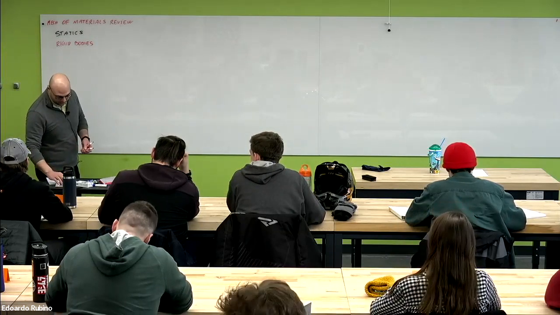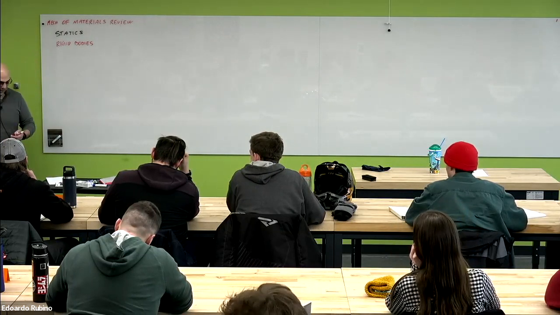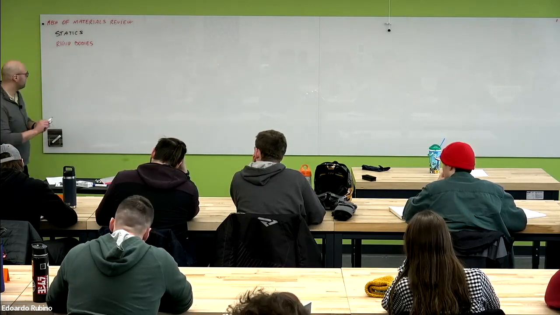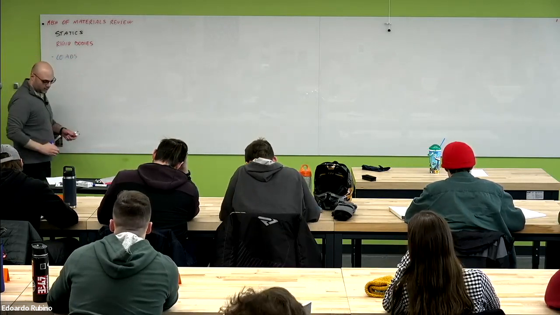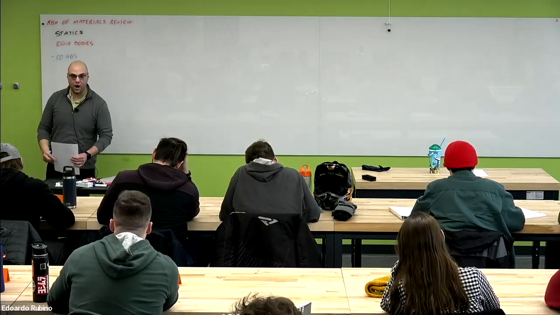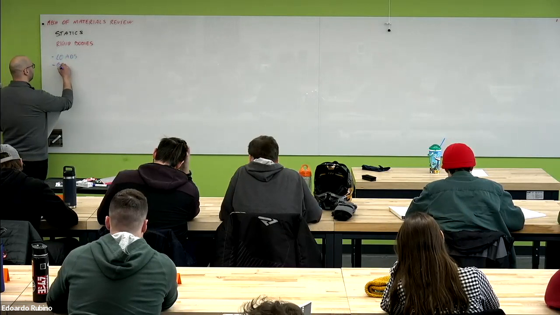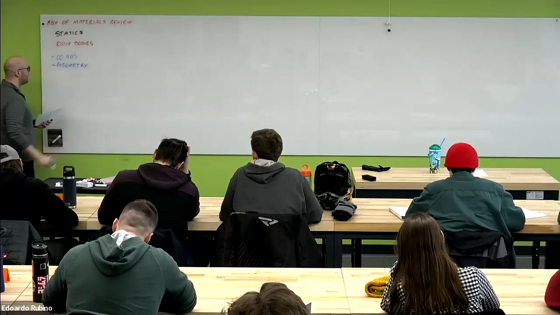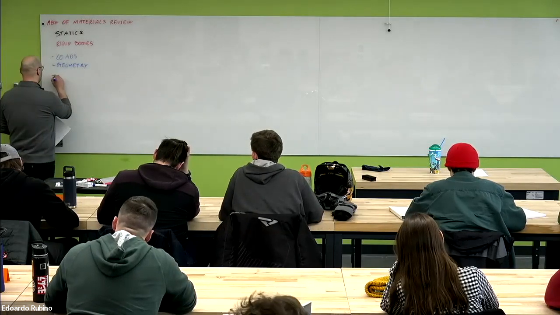Basically, there are three main components that we look at in statics. We look at the loads. Then we look at what kind of geometry we have for our structure. And then we look at what kind of constraints we have in our structure.